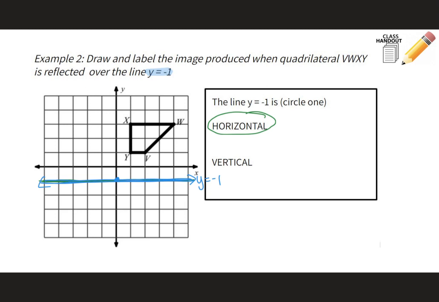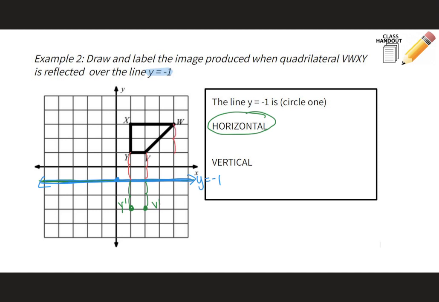To do the reflection, we're going to do the same thing we did before. Every point should be the same distance away from the line of reflection. So to plot Y prime, it's 2 units above, so that means my new point is going to be 2 units below. V prime, same thing, 2 units, so we're going to go down 2 units.